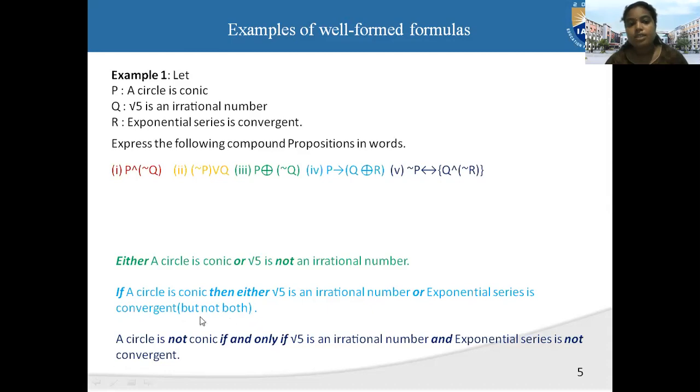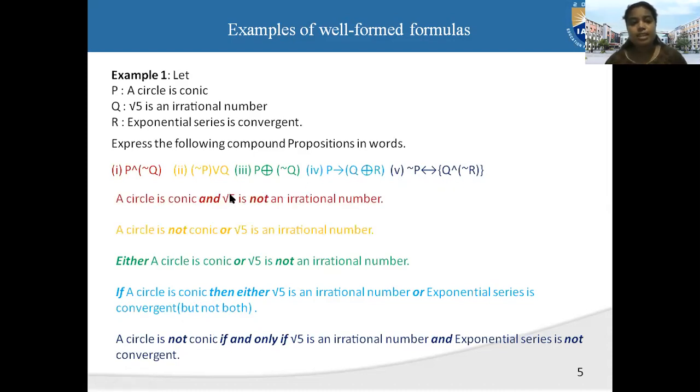So you combine the sentences into the P form: if a circle is a conic, then combine Q with the exclusive or form. Next, a circle is not a conic if and only if root 5 is an irrational number and the exponential series is not convergent. This is the sentential format for the fifth propositional compound statement.